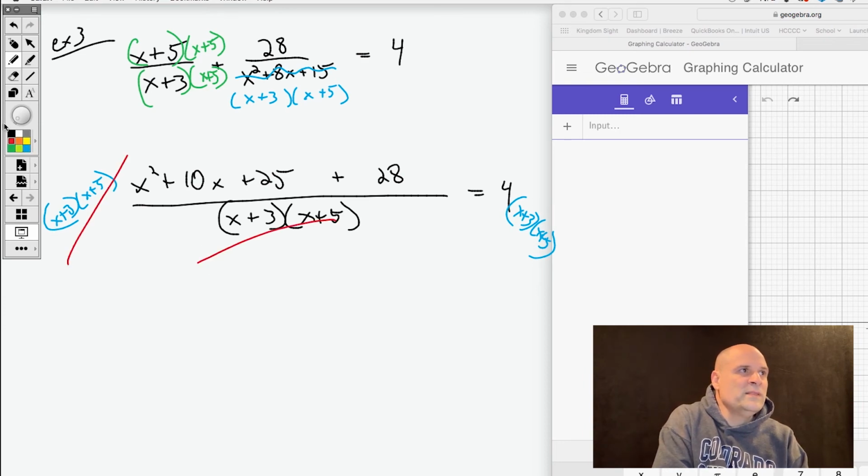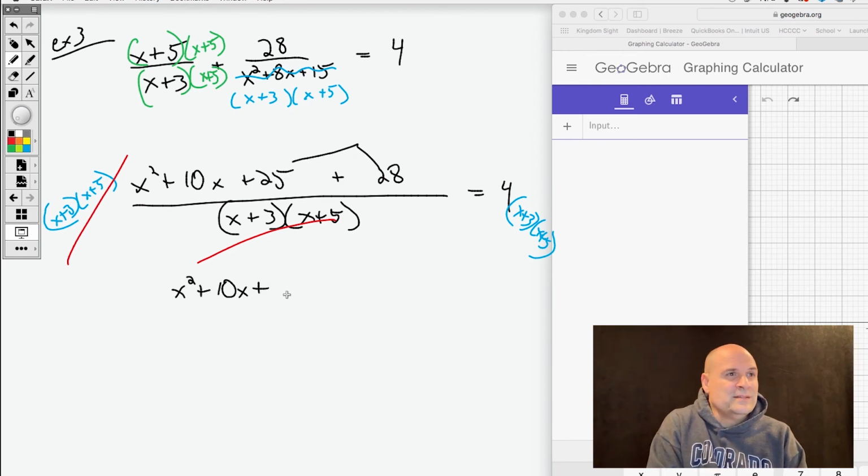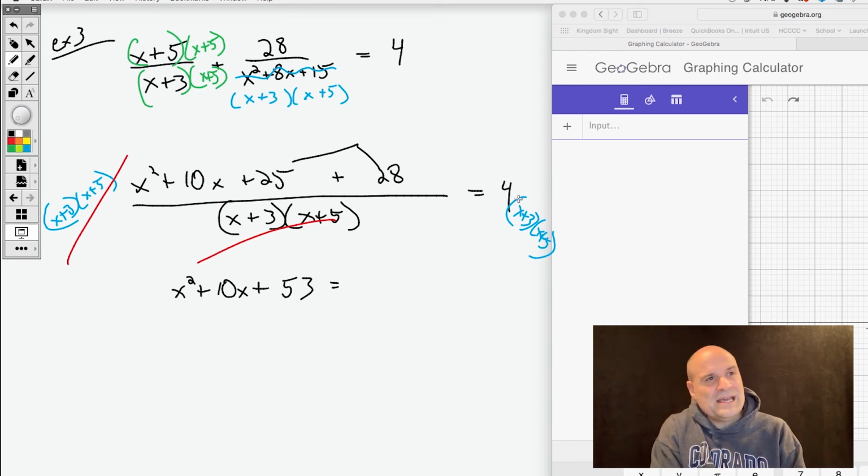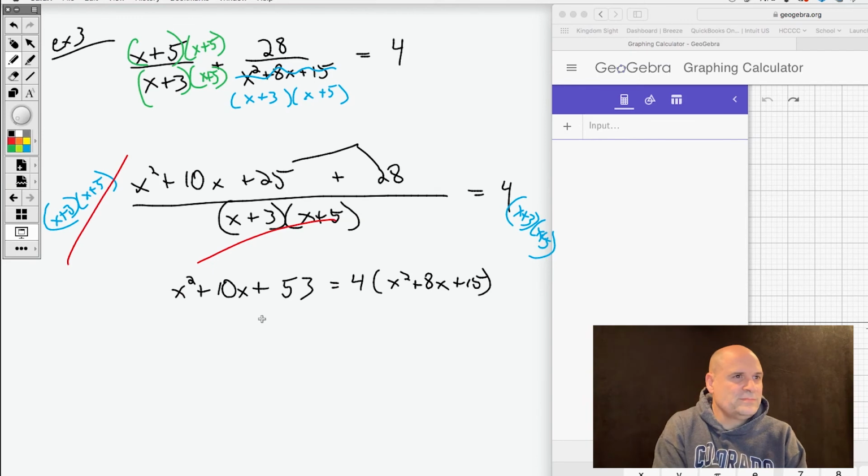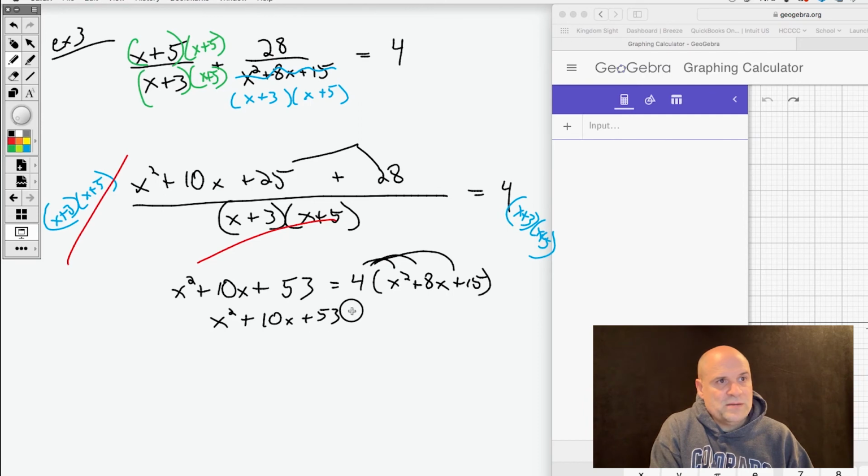And I'm left with x squared plus 10x plus, let's add these two together to get 53, equals, let's multiply this out, 4 times x squared plus 8x plus 15. So now I'm going to distribute that. So I get x squared plus 10x plus 53 equals 4x squared plus 32x plus 60.